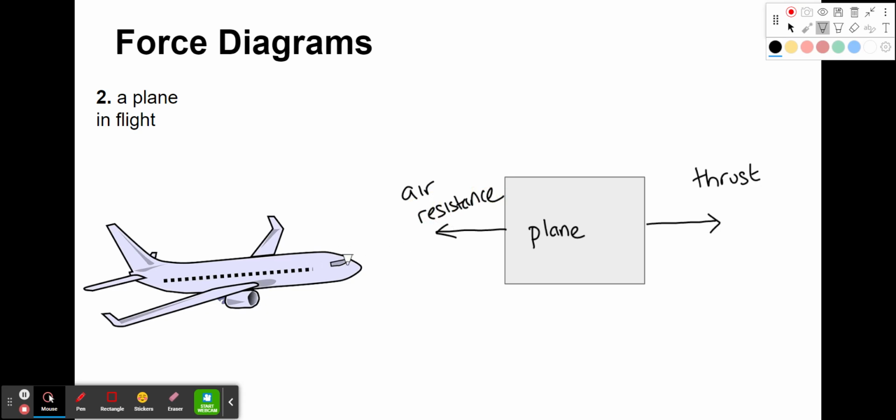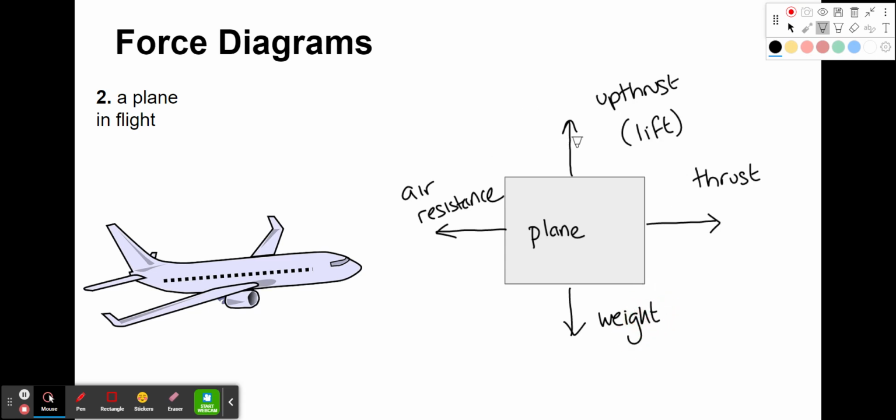Air will be bashing against this plane as it flies through. And there will also be some upthrust, or maybe even lift from the wings. And there'll obviously, because the plane is extremely heavy, be some weight forcing the plane down.